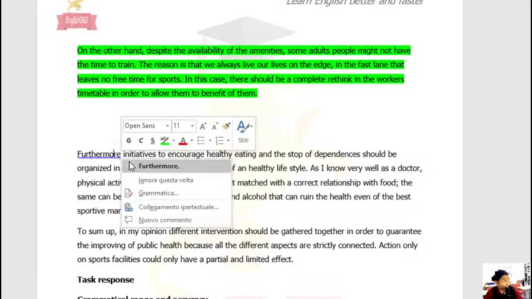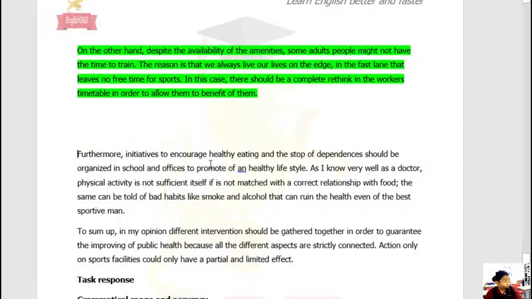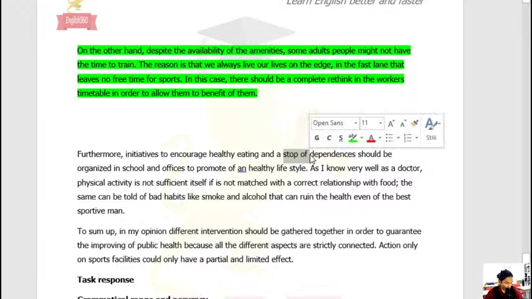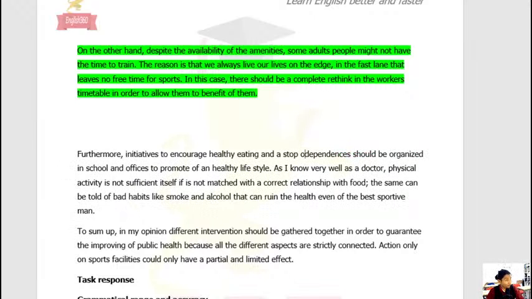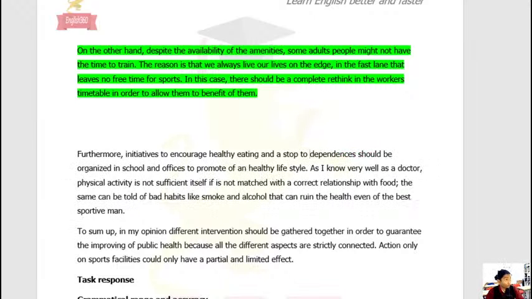Furthermore, comma. Always use a comma after these words. Initiatives to encourage healthy eating and a stop to addiction. No, don't like that.